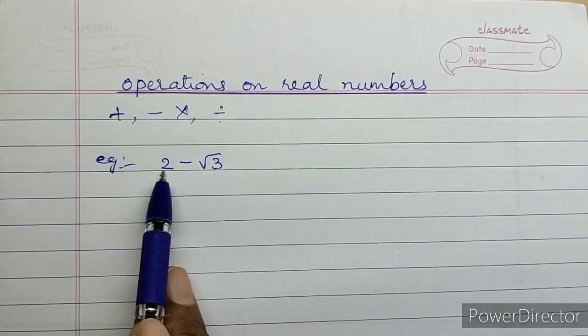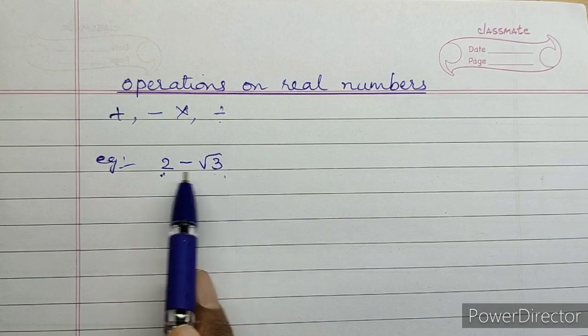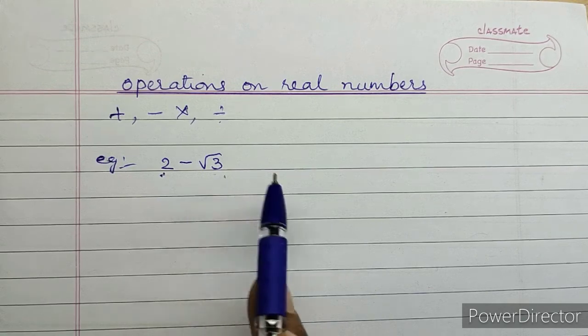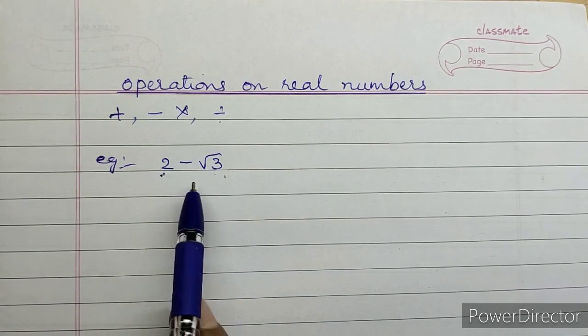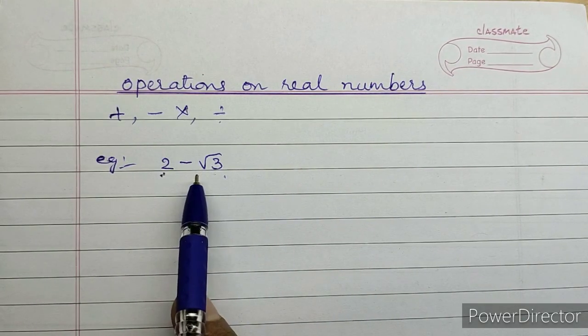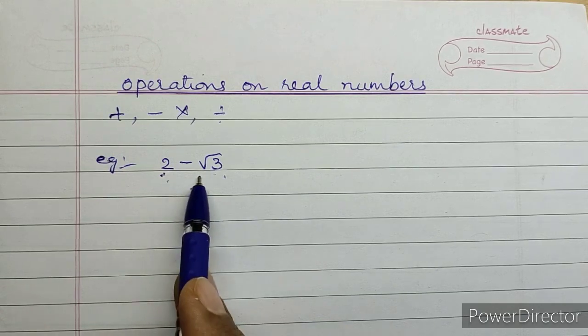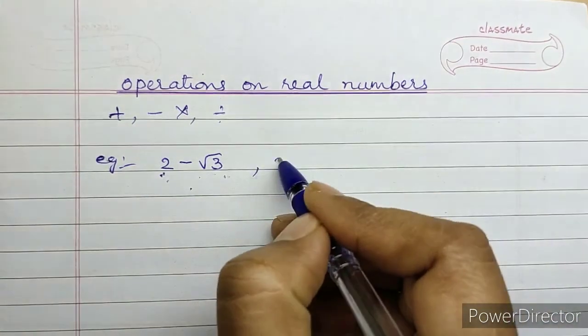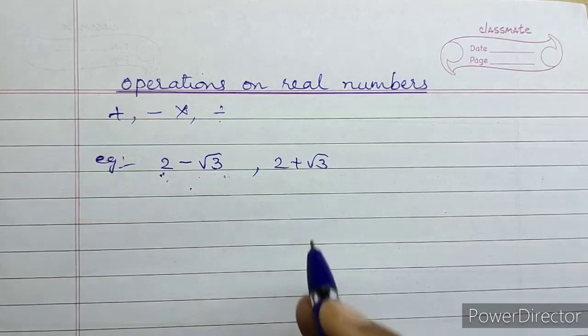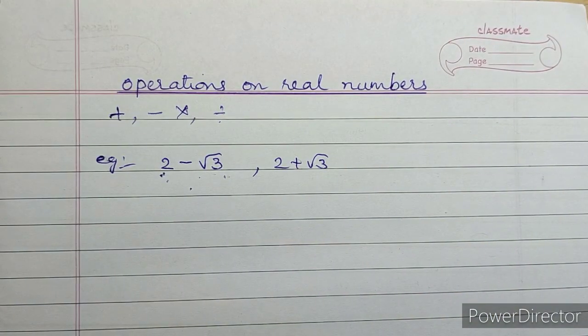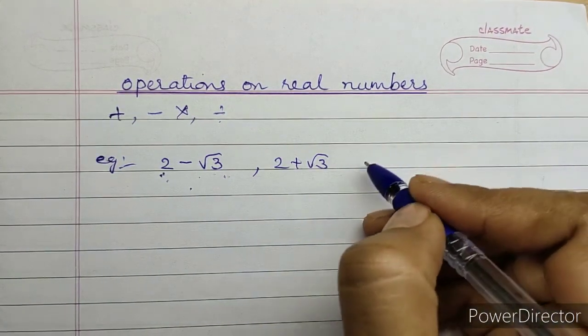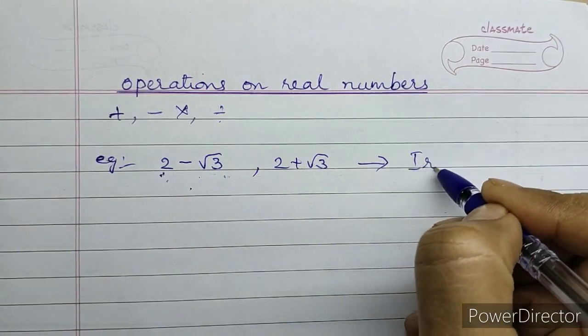This is subtraction of a rational and an irrational number. You can't do anything with that, you can't simplify it also. This will be the final result, so this will be an irrational number. So 2 minus root 3 or 2 plus root 3, if addition or subtraction comes, it is irrational only. The result is irrational.